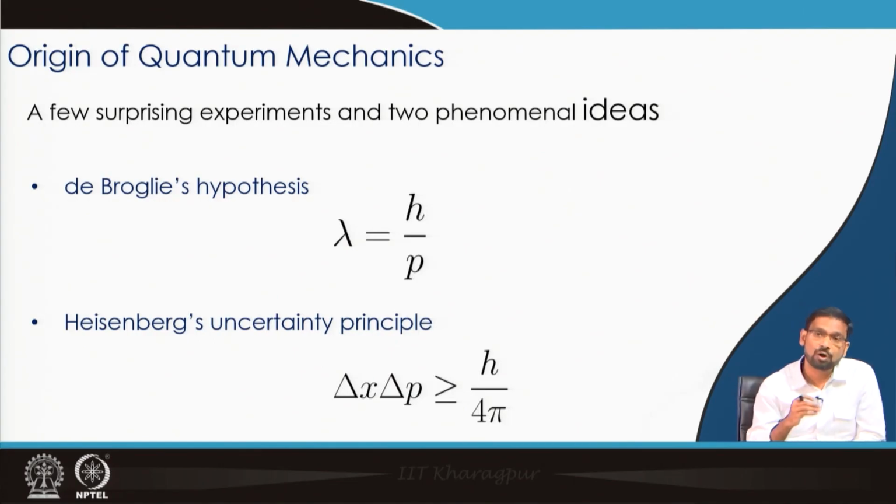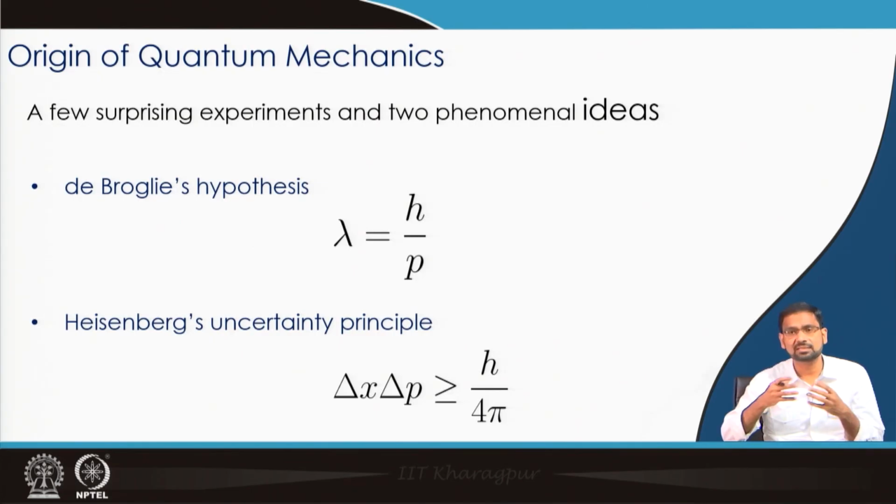So if you want to precisely determine the position, there will be an uncertainty in momentum, because the very act of measuring the position will compromise the momentum of the particle. Therefore, you have to give away your right to learn about the momentum of the particle precisely if you want to know the position of the particle precisely.